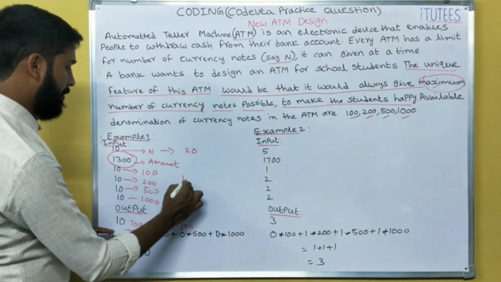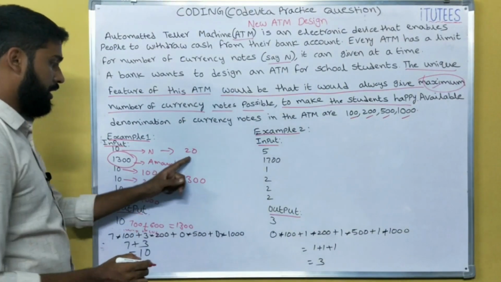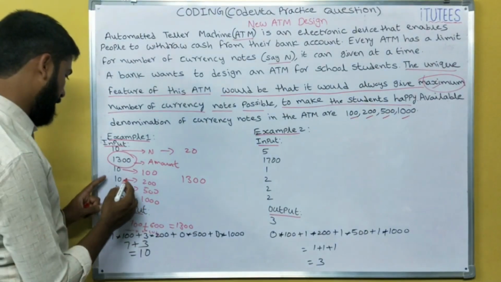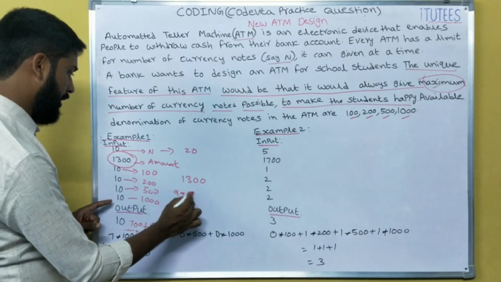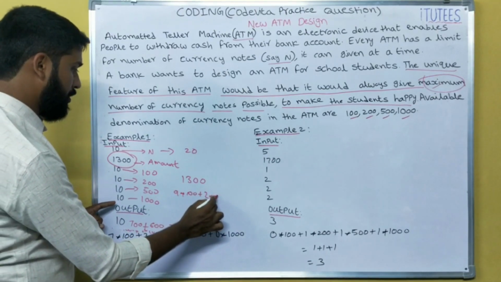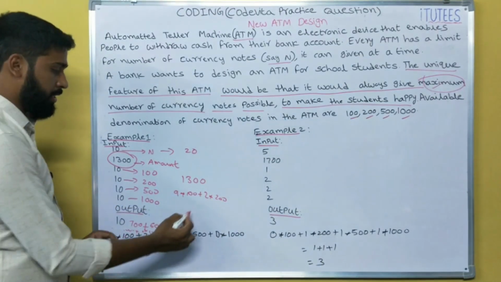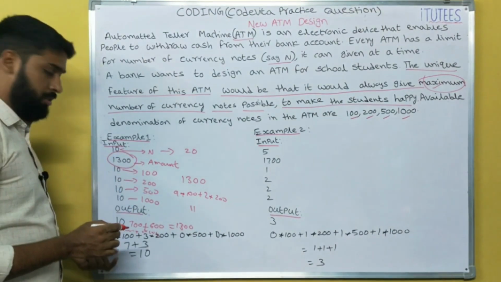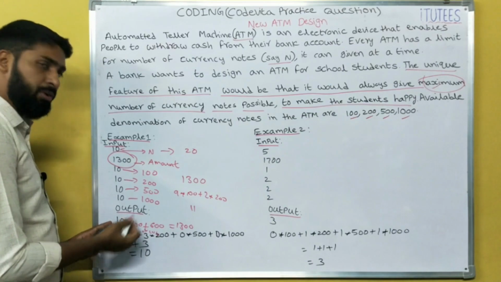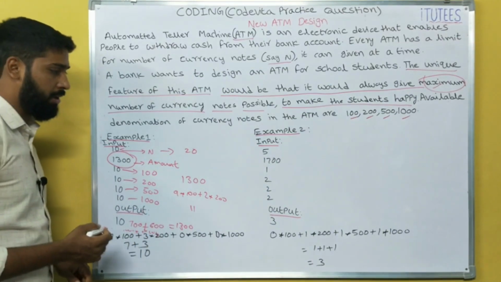The required amount is 1300 and 20 is the limit, so here 9 into 100 plus 2 into 200, in this case we get 11. But here N equals 10, so we get the required output less than or equal to the N value.